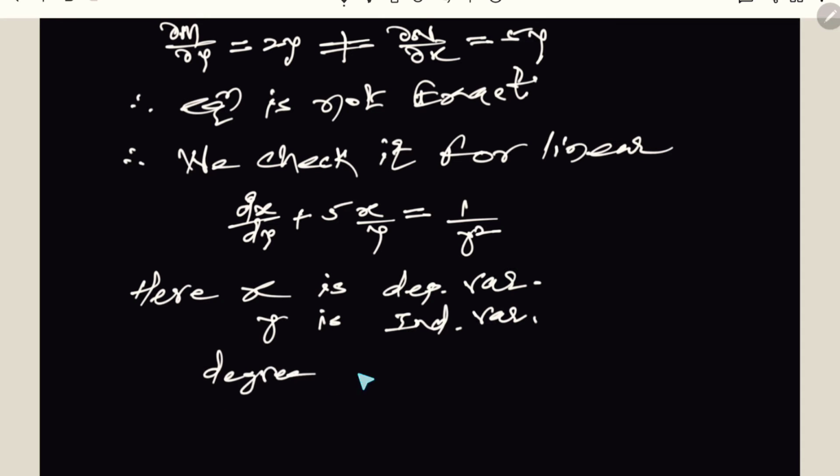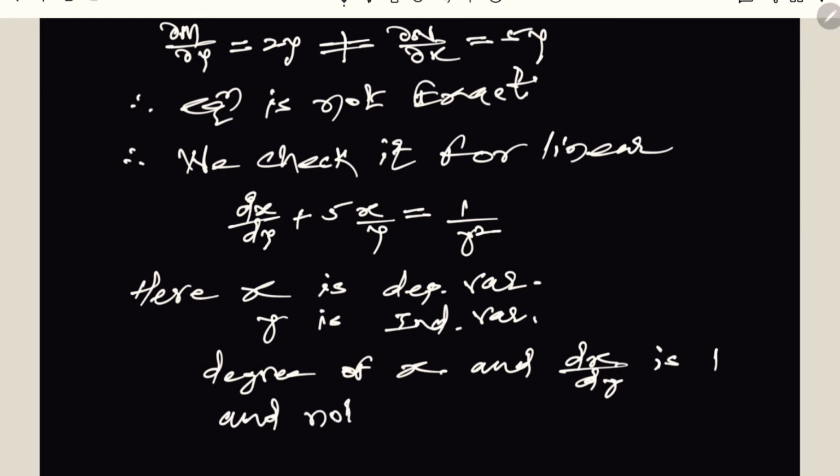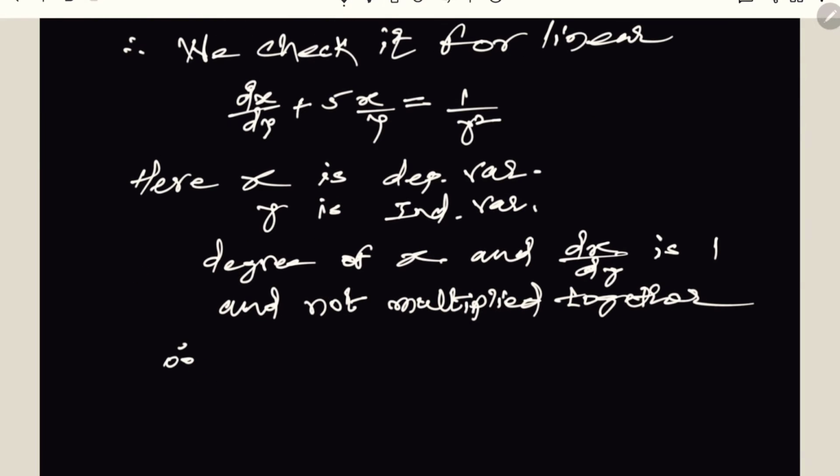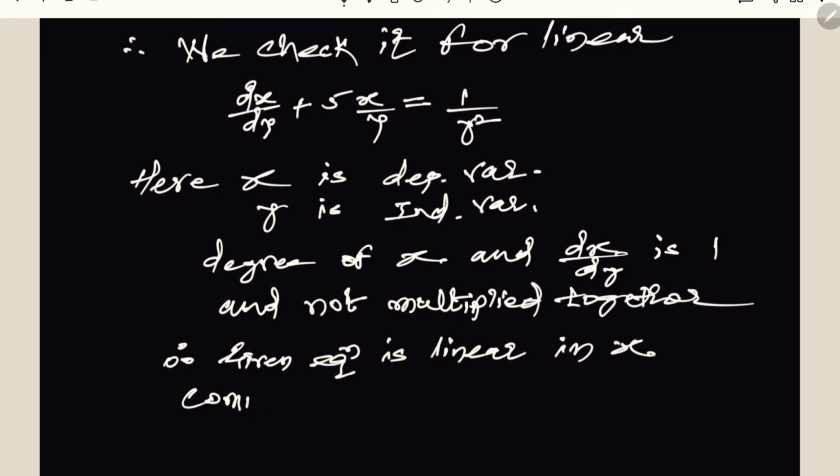That is the first condition for a linear differential equation: the dependent variable and its differential coefficient must be of degree 1 and not multiplied together. These two terms are not multiplied together, whatever simplification we perform. Therefore, the given equation is a linear differential equation in x, that is, with x as the dependent variable.